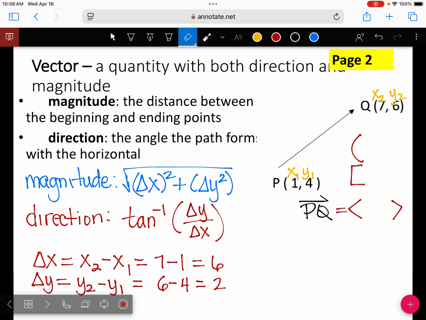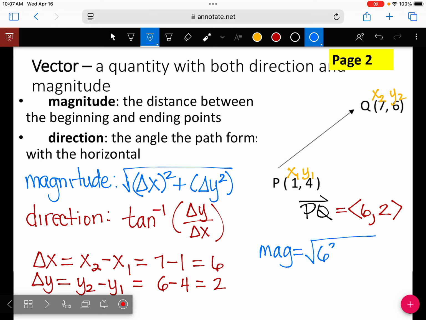It looks like a pointed V. So vector PQ has a change in x of 6 and a change in y of 2. So that would be my vector. So let's find the magnitude. The magnitude, again, keeping in mind our formula, would be the square root of 6 squared plus 2 squared.